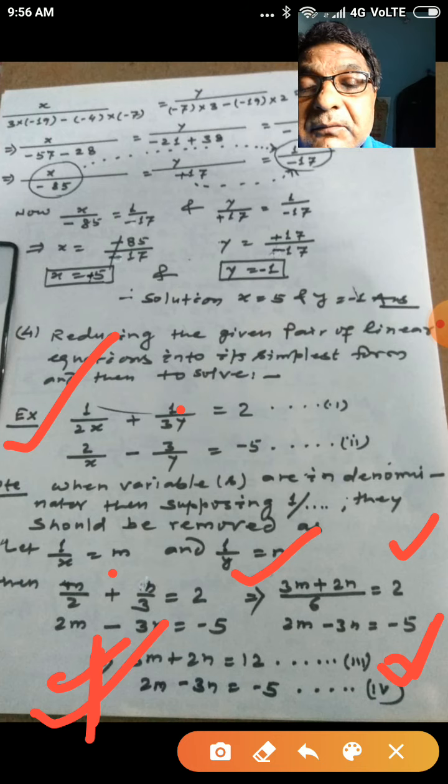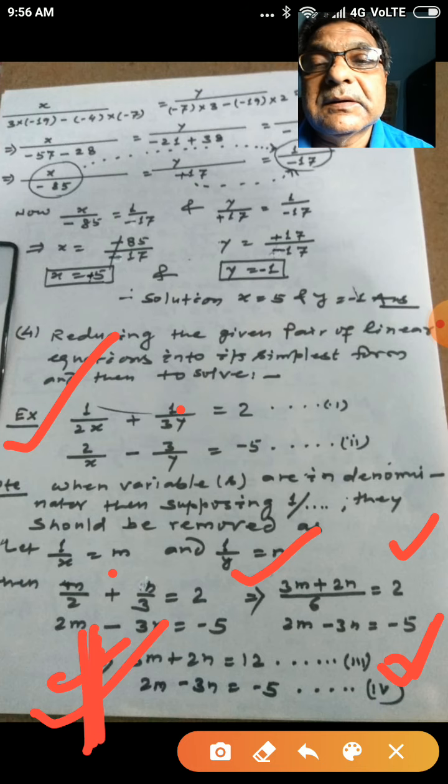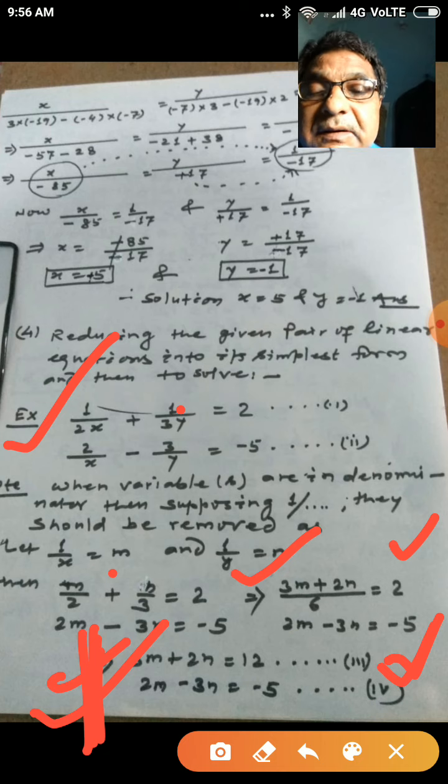I would suggest going through the elimination method, because that is the simplest and easiest method.